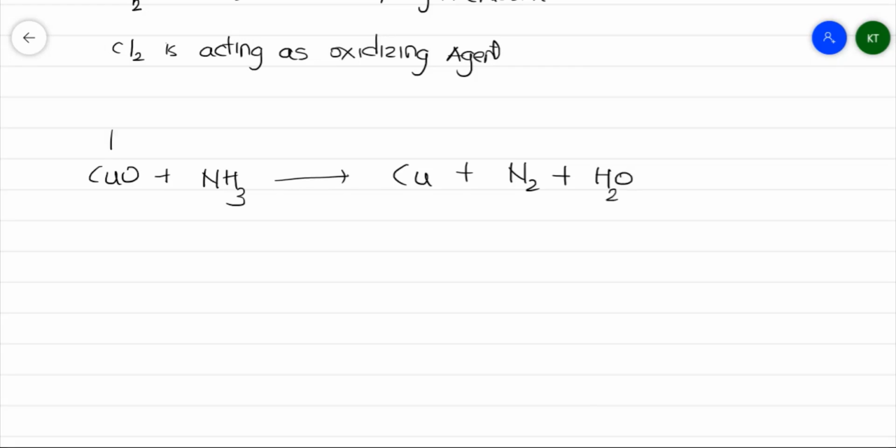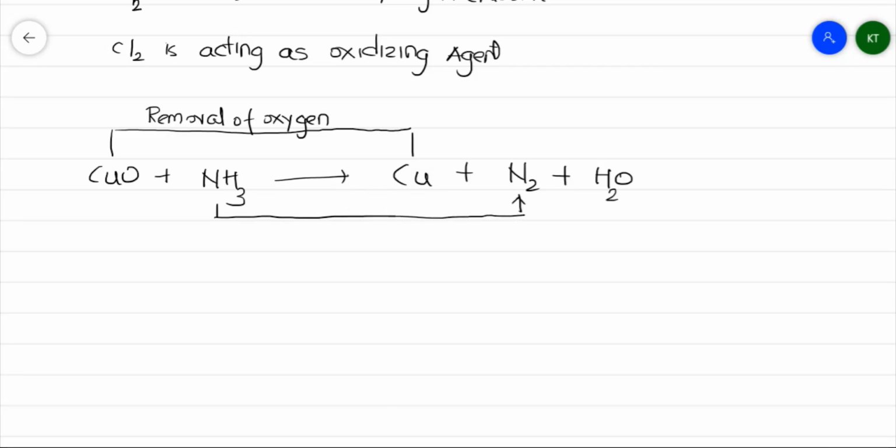Now see, copper oxide to copper is a removal of oxygen, and NH3 to N2 is a removal of H2. Now we know from earlier definitions that removal of hydrogen is oxidation.